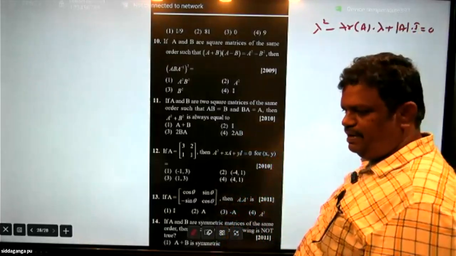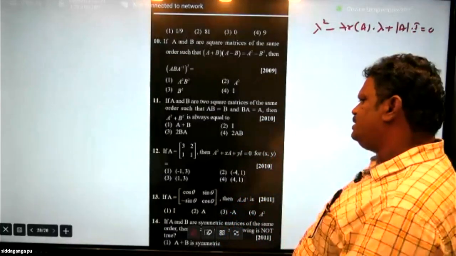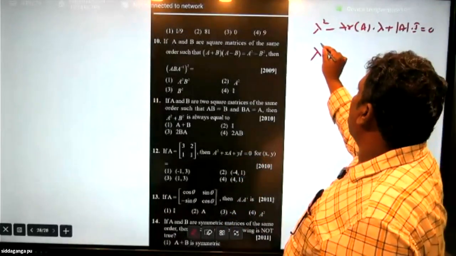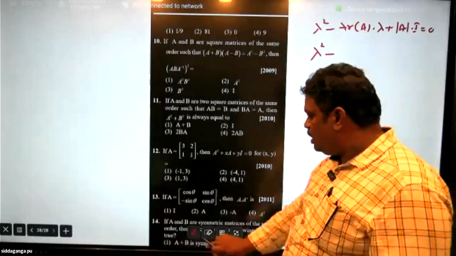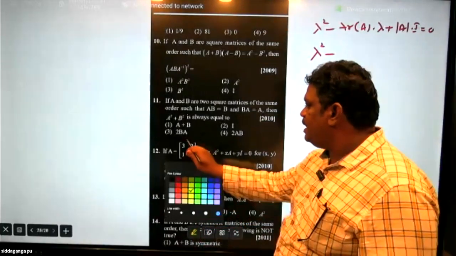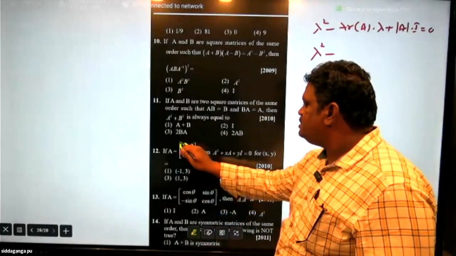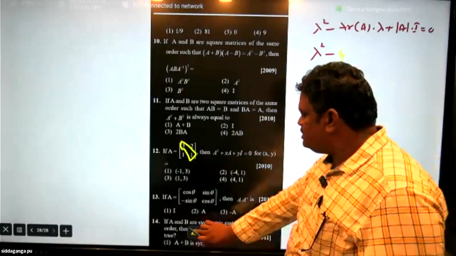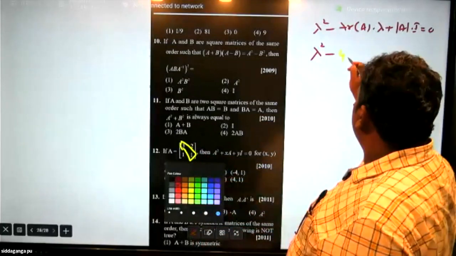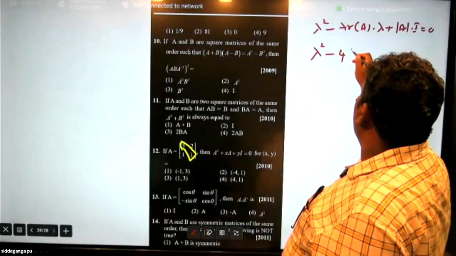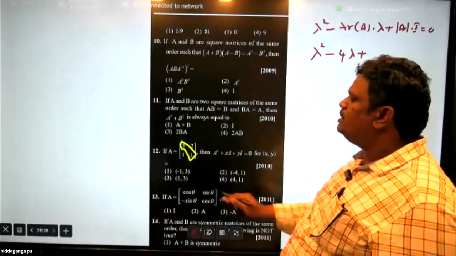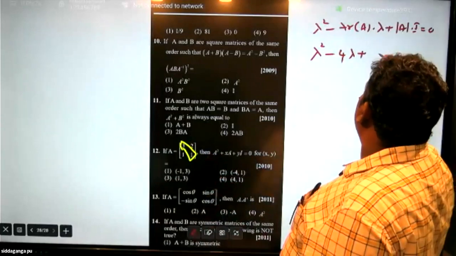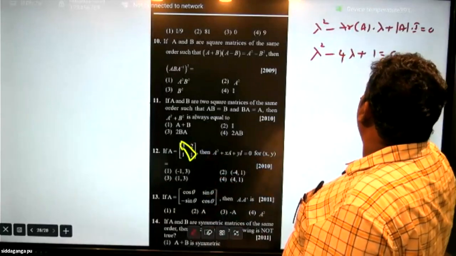Whenever a 2 by 2 matrix is given in equation form, this is the best method to get X and Y. Trace is nothing but the sum of the elements in the principal diagonal. 3 plus 1 is 4. So 4 into lambda, plus determinant of A: 3 times 1 is 3, 1 times 2 is 2, 3 minus 2 is 1. So 1 into I means 1 only, equal to 0.